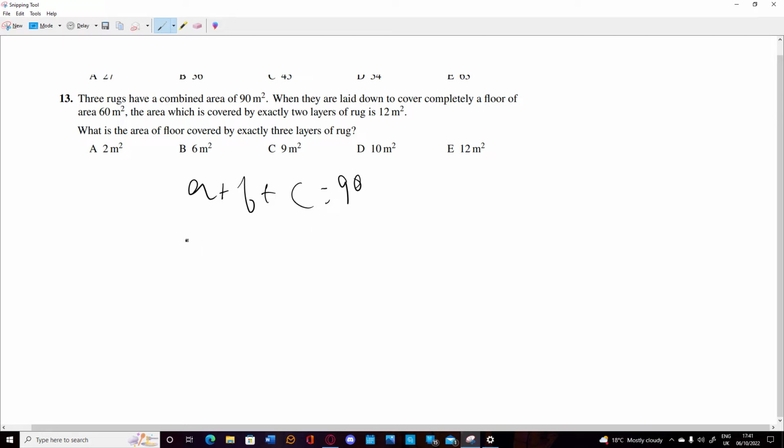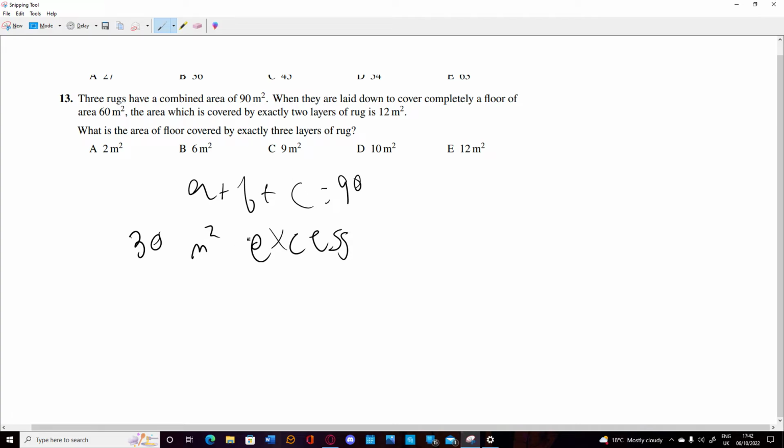Given that they completely cover a floor of 60 meters squared, there is 30 meters squared of excess. If the area covered by 2 rugs is 12 meters squared, that means once we cover the 60 meters squared, we then add another 12 meters squared of rug on top of it.